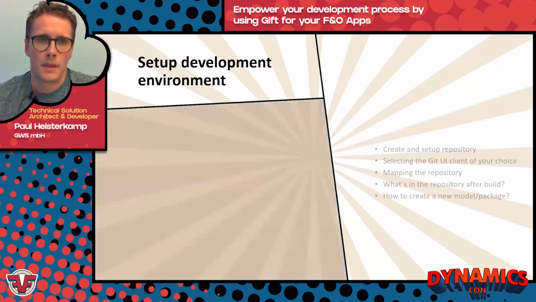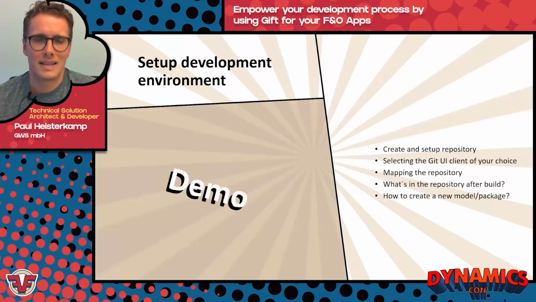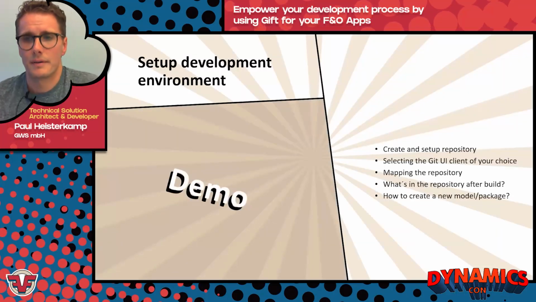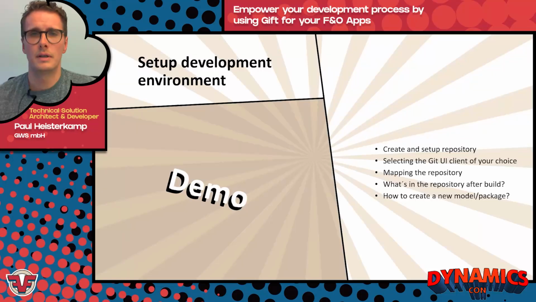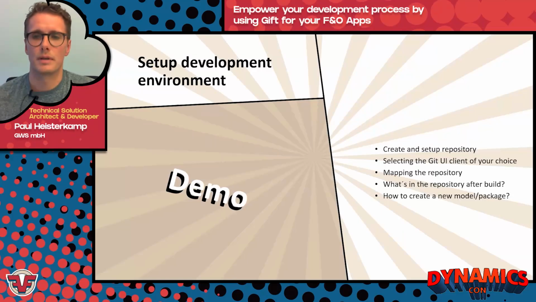So now we start with the setup of the development environment. First, I want to show you how you create and set up your repository. Then I'm showing you some Git UI clients for your choice. Of course, you can use the command line for Git.